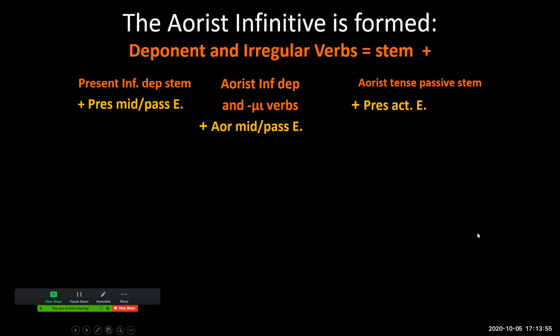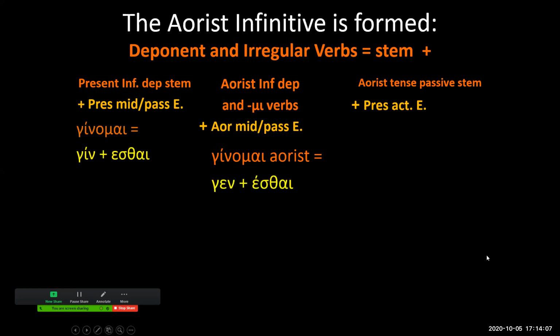Now, we have some deponent and irregular verbs, and I'll just mention those in passing. Ginomai is one that students often make a mistake on. To become, in the present, the only difference between it and the aorist tense is often simply the stem. And students overlook this.